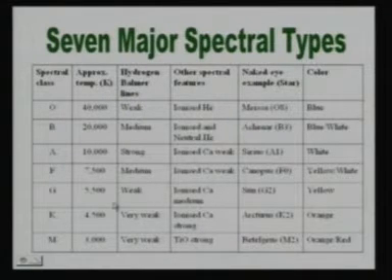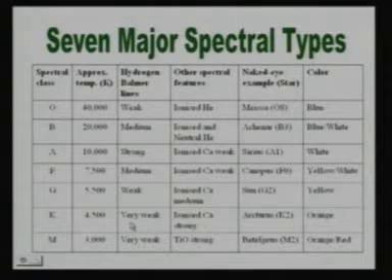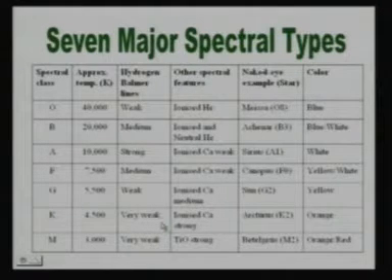And in G class, this process is carried further. We have very strong ionized calcium lines. And in stars K and M, in addition to the ionized calcium lines, we also get the neutral calcium lines as well as molecular bands such as TiO in class M.